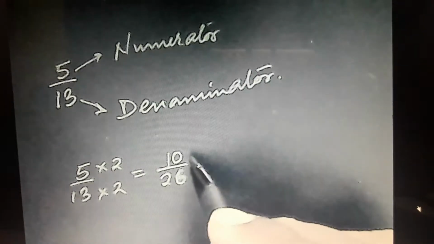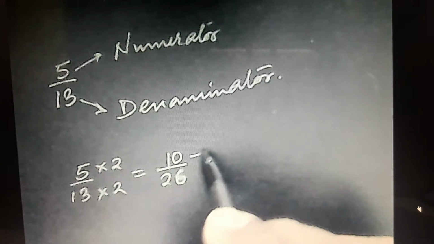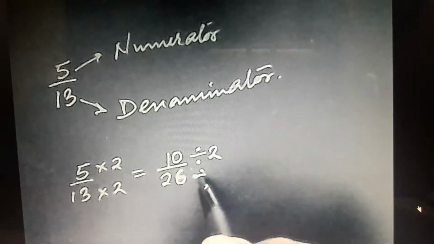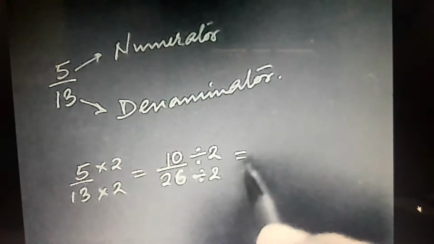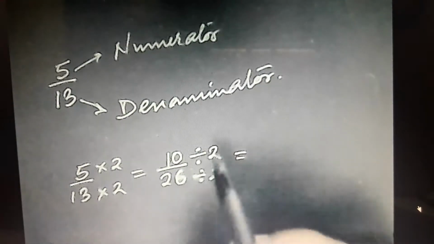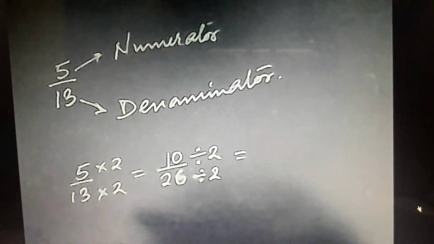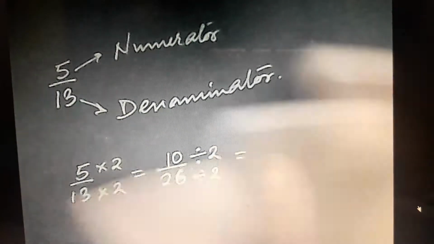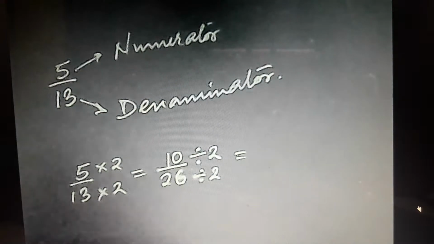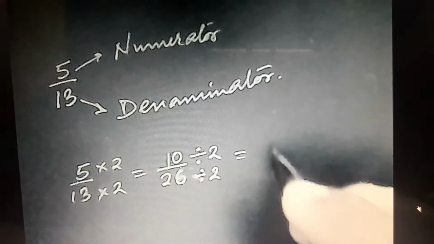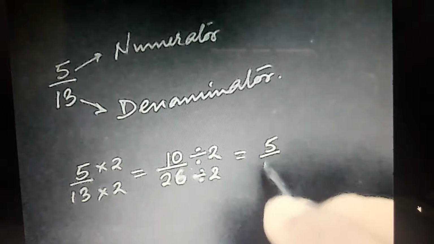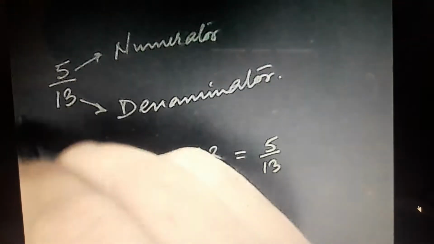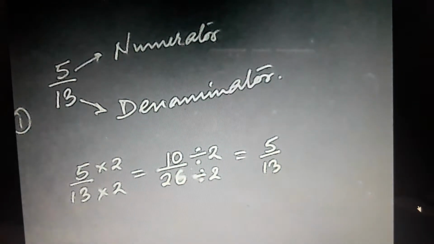Similarly, if we divide the numerator by some number, we have to divide the denominator also by the same number. You cannot divide the numerator only and not the denominator. You have to divide both, and only then will you get the right result. Okay, this is the first case.